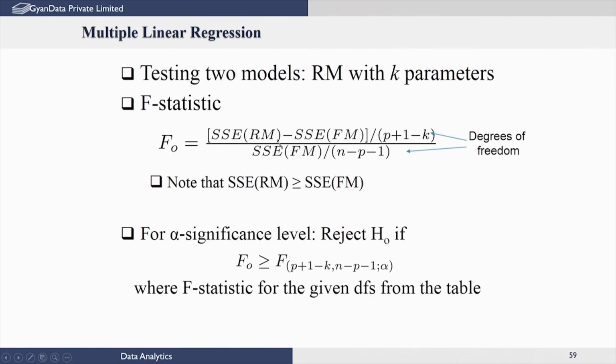Of course, you can choose different reduced models and compare with the full model. For example, you can take the reduced model by leaving out only one of the independent variables. So, that will have p parameters. We can compare it with the full model and again perform a test to decide whether the inclusion of that independent variable makes a difference or not.